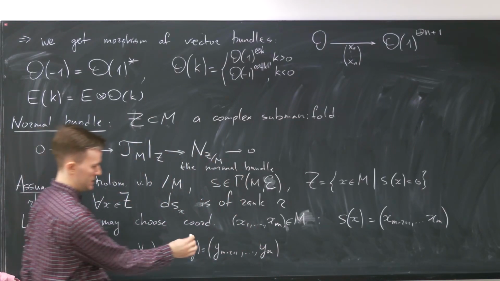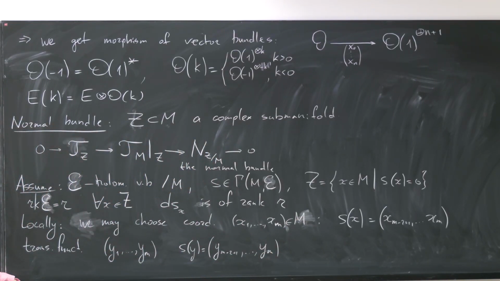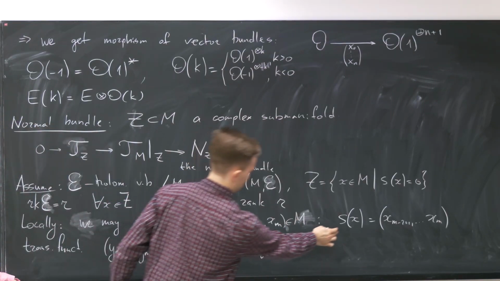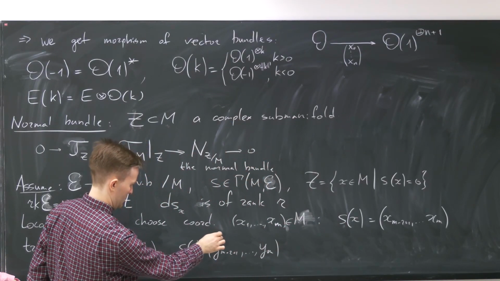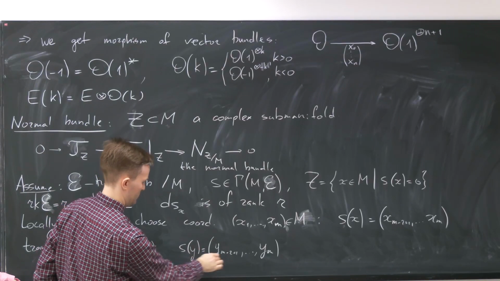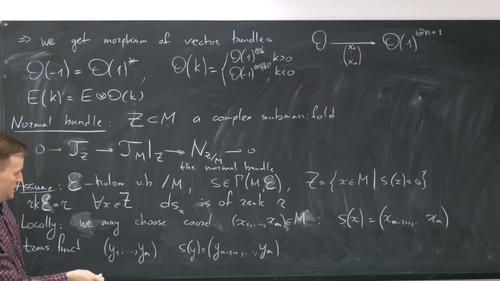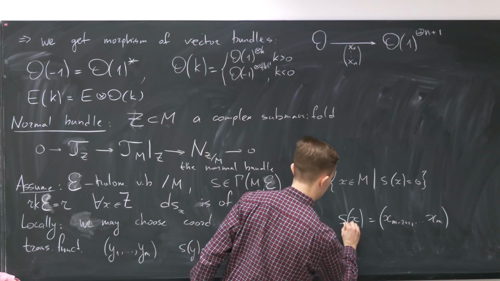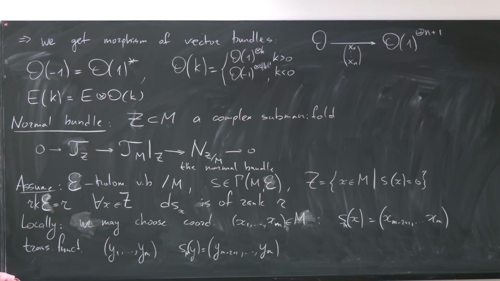Now this s in the new coordinates will differ from this s. So let's call this coordinate neighborhood alpha, and this one beta.